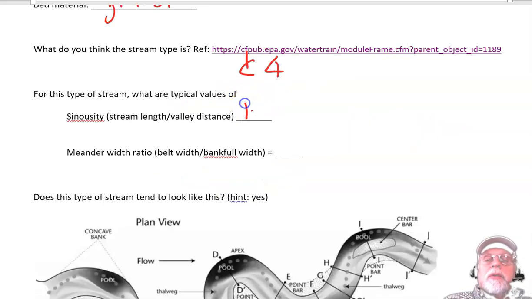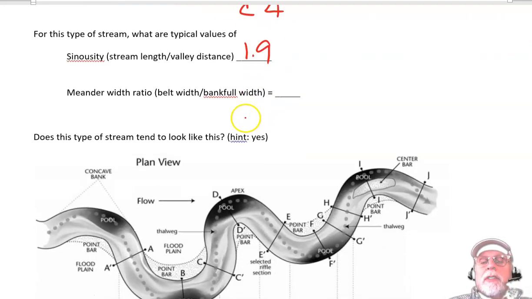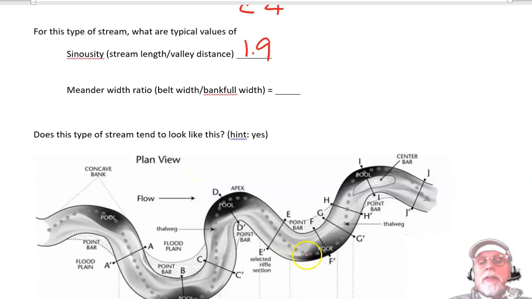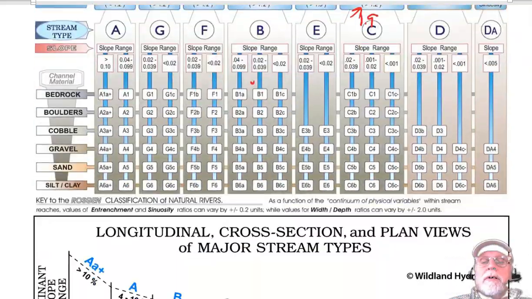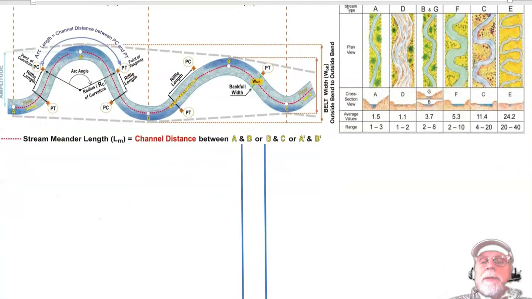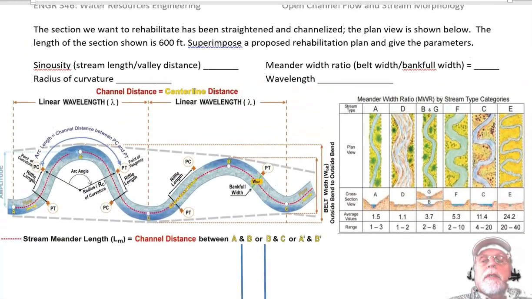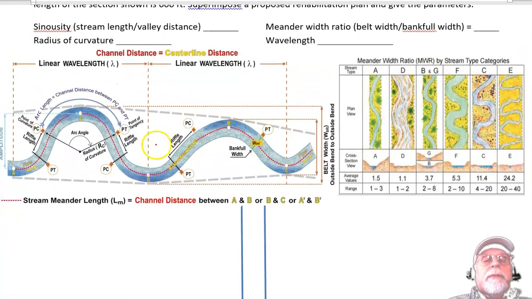Sinuosity about 1.9. Meander width ratio is the ratio of the belt width. So if it's going back and forth, there's the width to that, over the bankfull width. And if I look down here on our page, we're going to do in a second, I pasted a couple figures on here. So some of the measurements we can make are the belt width.